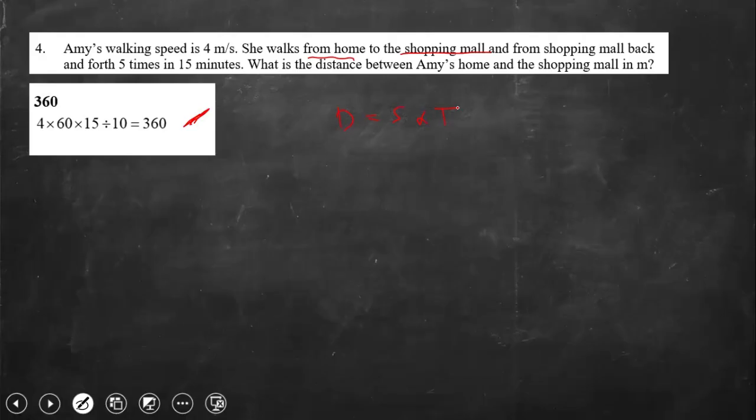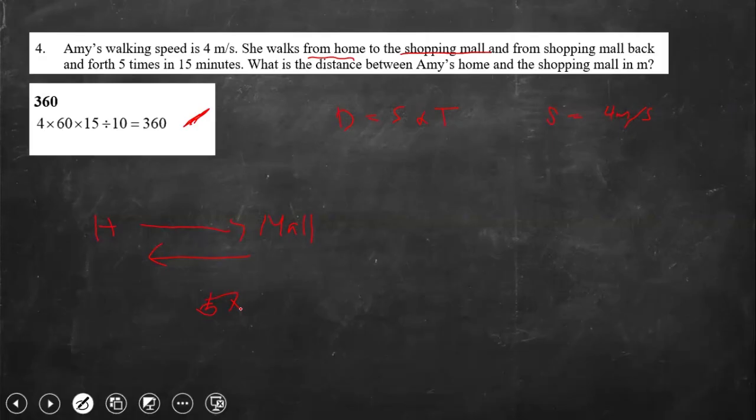We know the speed: Amy's speed is 4 meters per second. We also know that she walks from home to the mall and then goes back, 5 times.